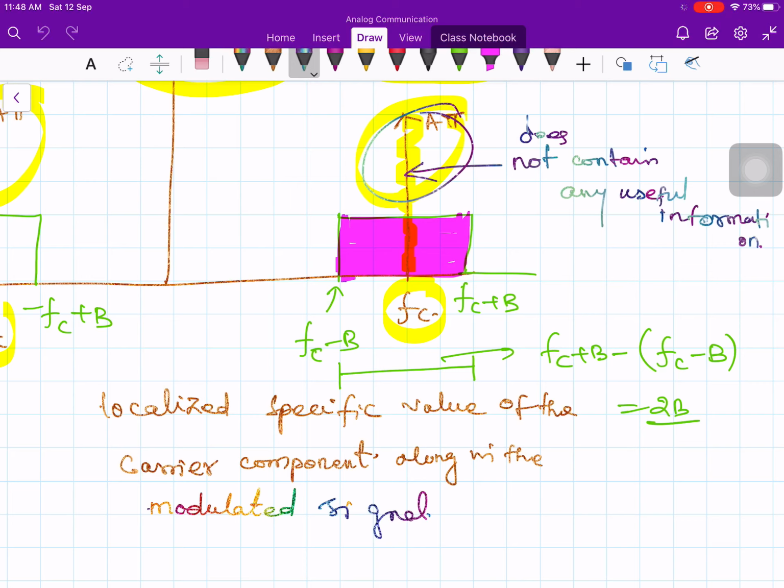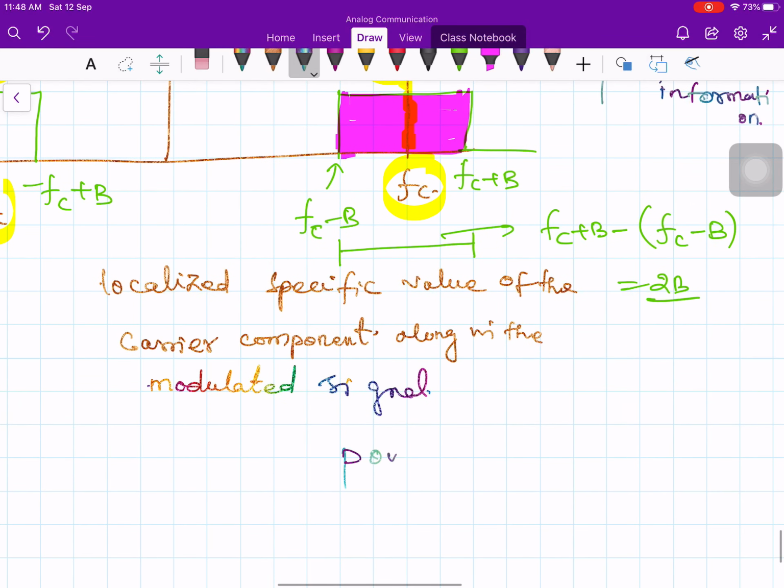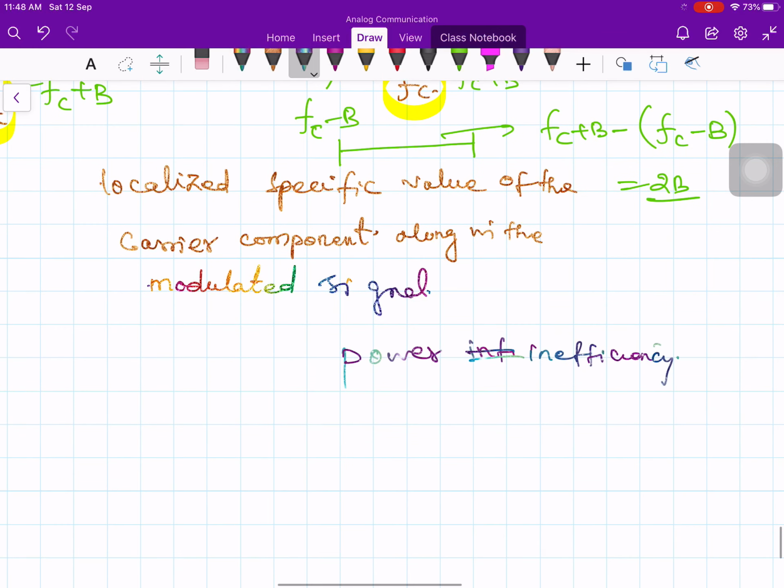Therefore there is a kind of power inefficiency, because we are transmitting the carrier. That is what we have introduced by adding the carrier component in the transmission process.